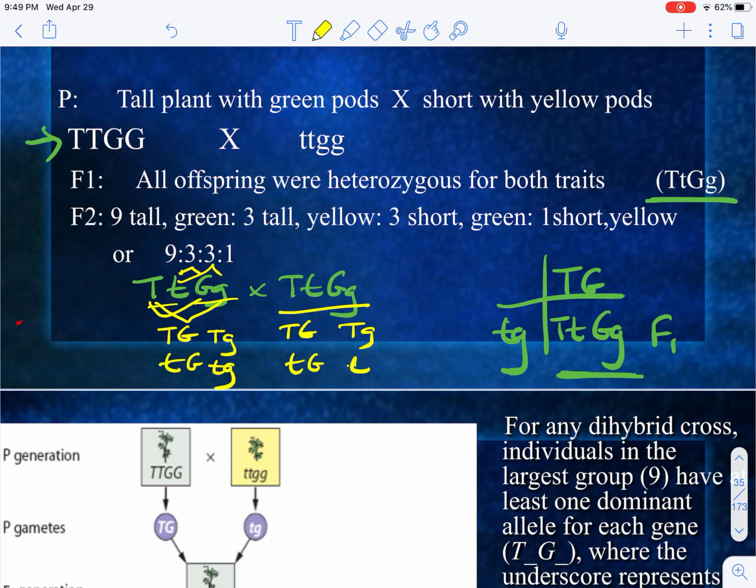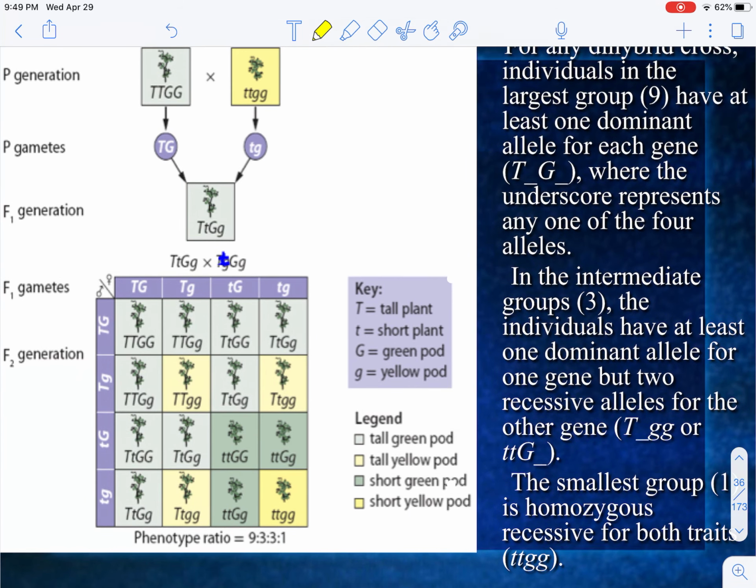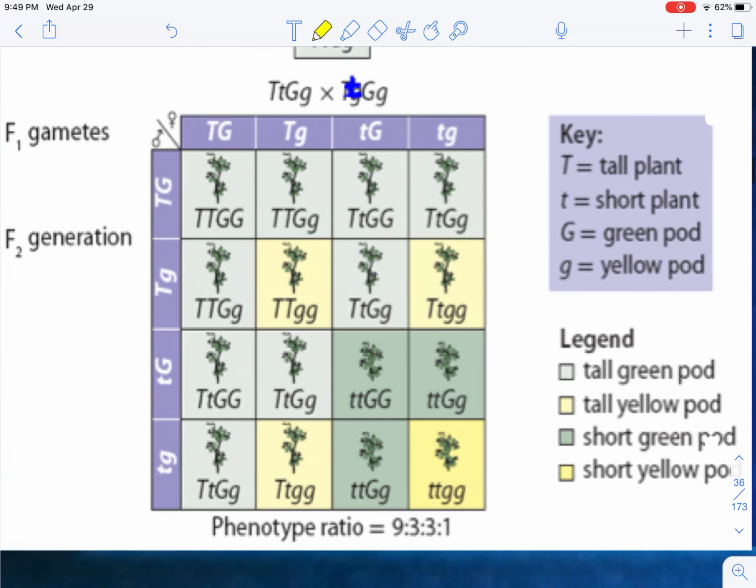So there's 4 possible gametes for that individual, and the exact same for the other one as well, because they have the same exact genotype. Now, one thing you must do when you're making these gametes is keep the T's in front of the G's. So you notice when I made my gametes, my T's are always in front of my G's.